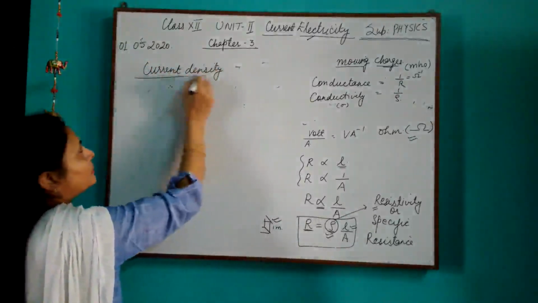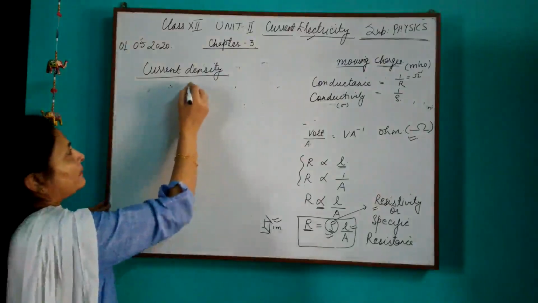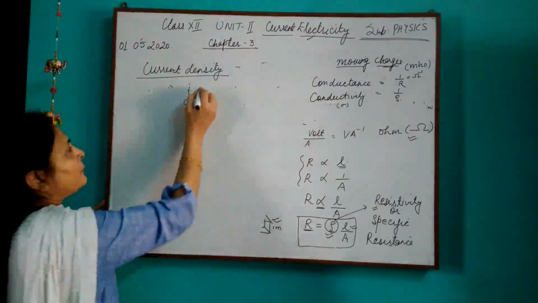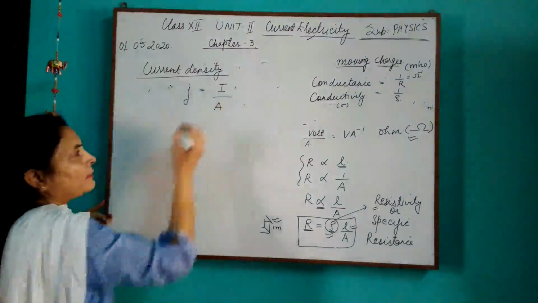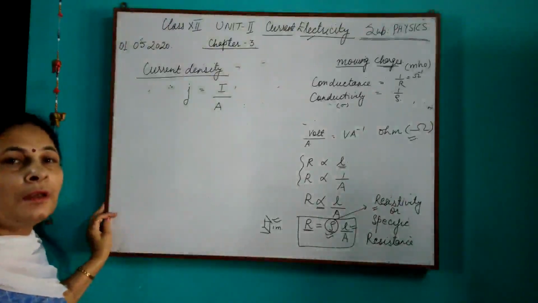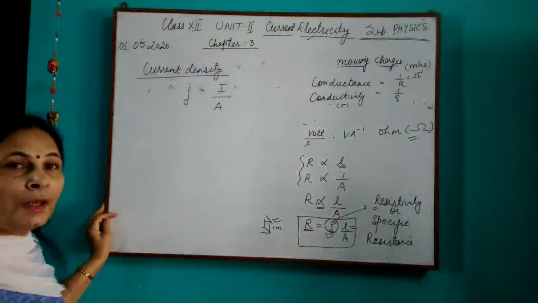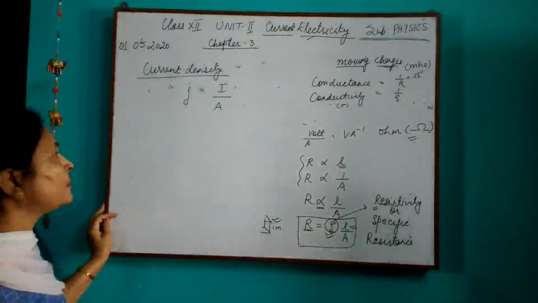Now this is a new term. This is denoted by J and is defined as current flowing per unit area of cross section in the given conductor, and current must be perpendicular to the area of cross section.